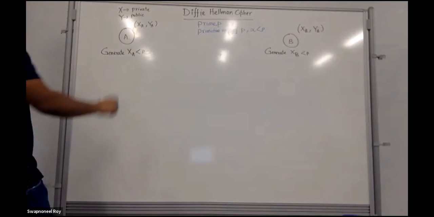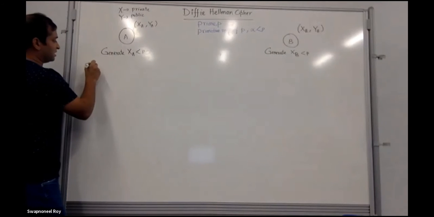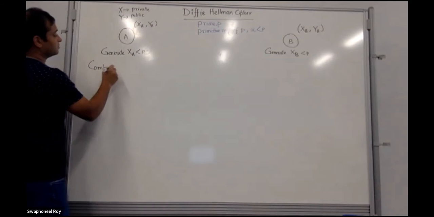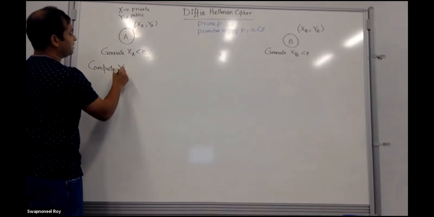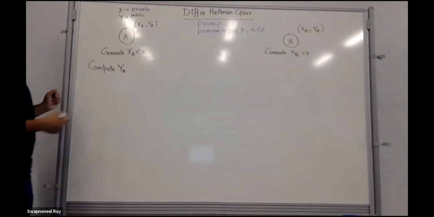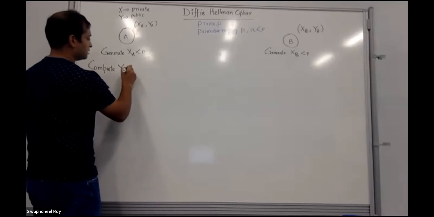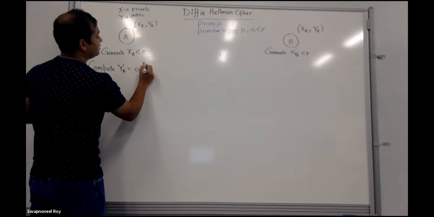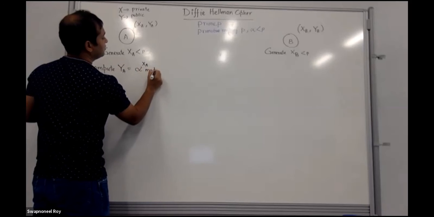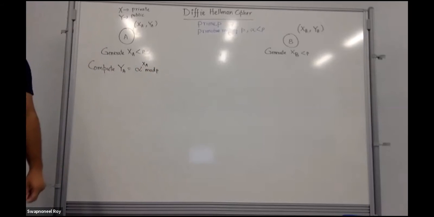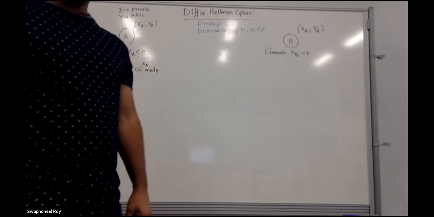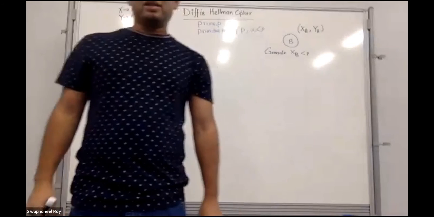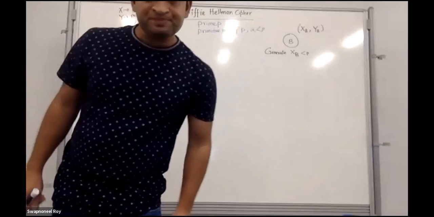Next, Alice computes her public key YA as alpha to the XA mod P. Okay, alpha to the XA mod P. That's how Alice generates her public key.